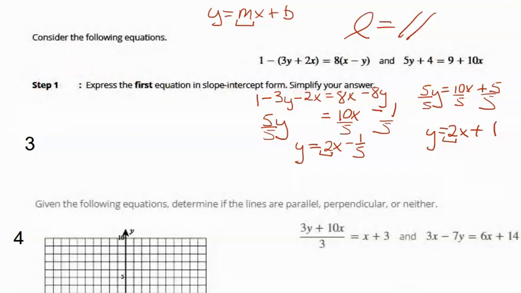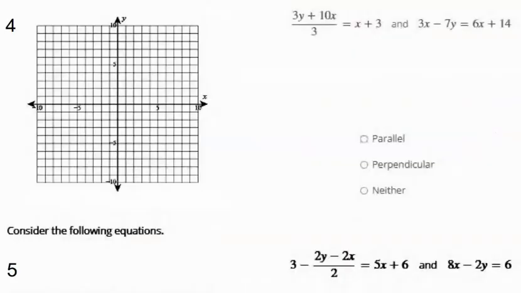All right, let's go on to number 4. And again, we need to simplify our equations. So what technique can we use here? We want to get rid of that 3. Well, we're going to multiply every term by that fraction's denominator, 3.